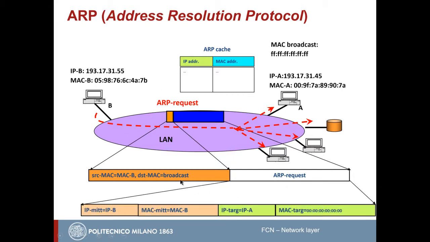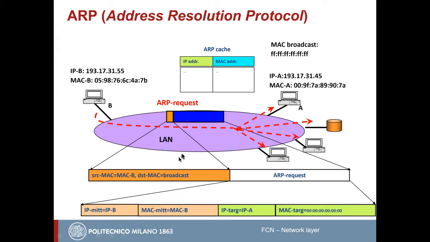The request is sent as a payload directly of a layer 2 frame. The layer 2 frame contains as a source address the MAC address of B, as a destination address the broadcast address.